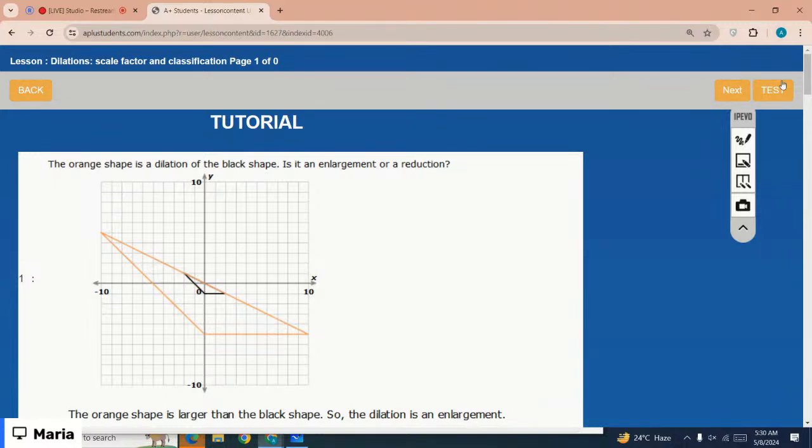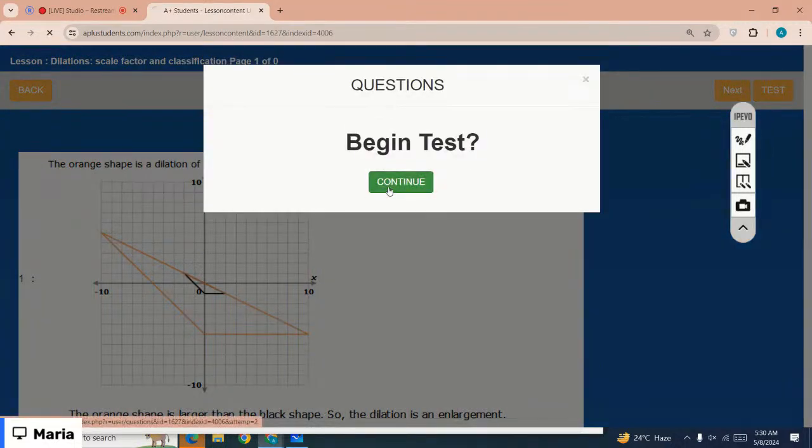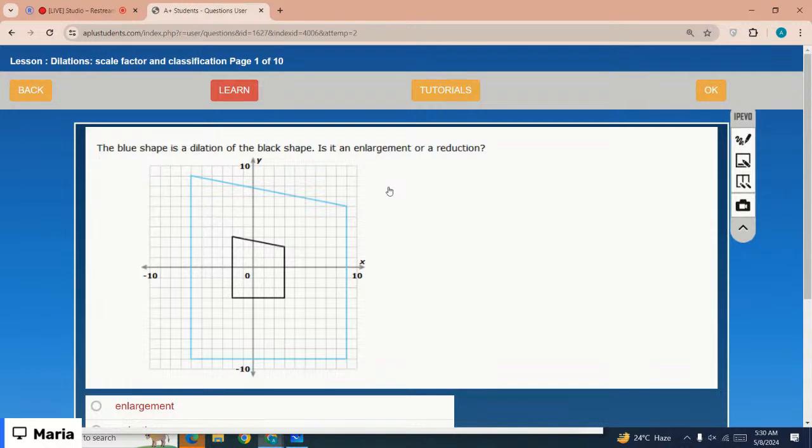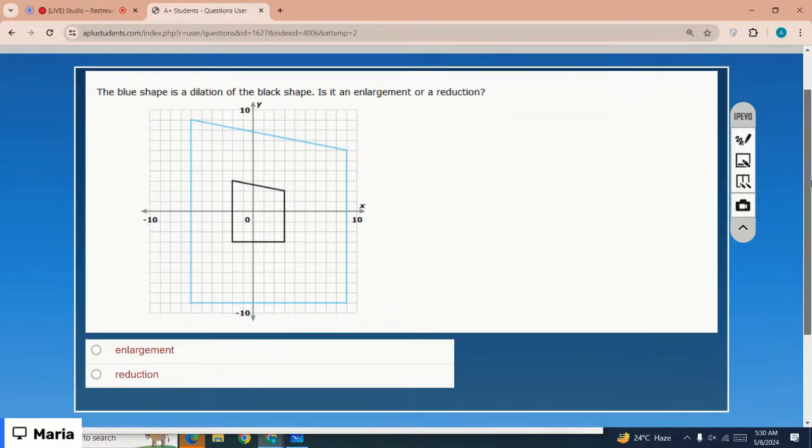Let's just start with the test questions. The blue shape is a dilation of the black shape. Is it an enlargement or reduction?